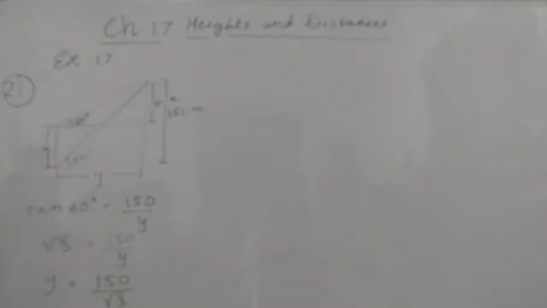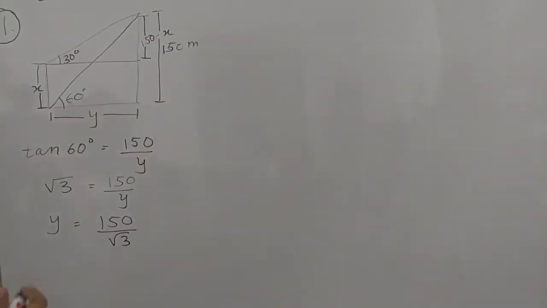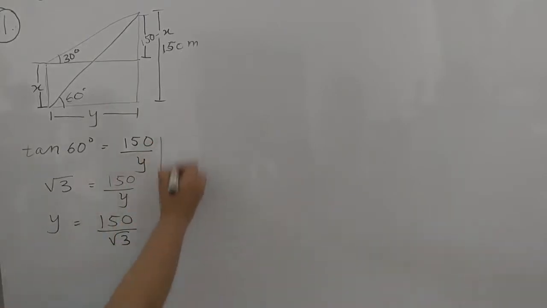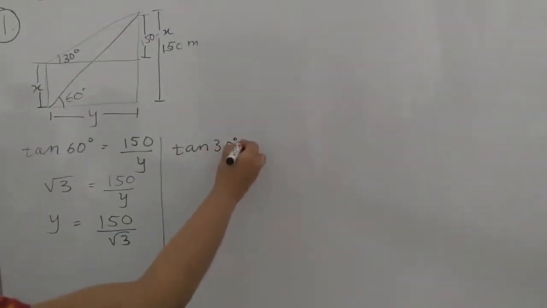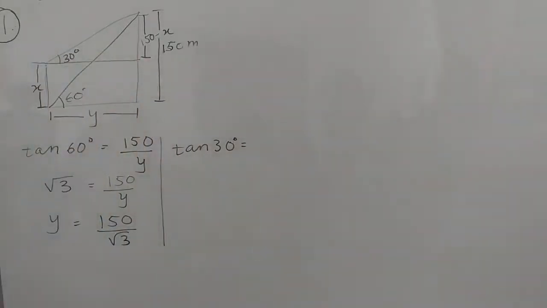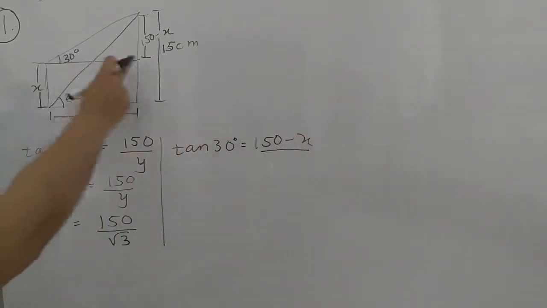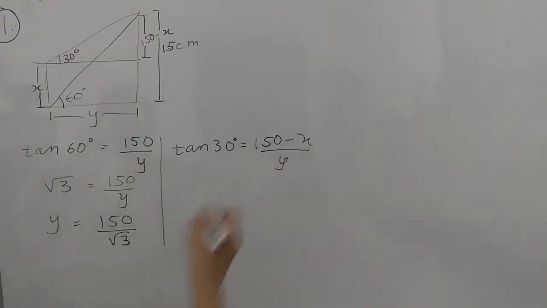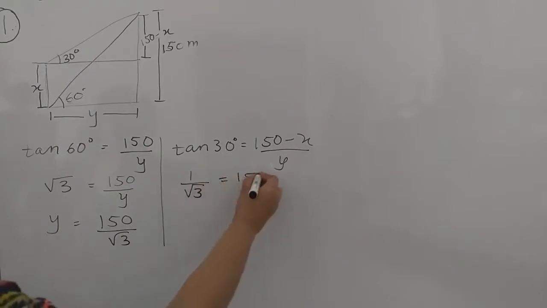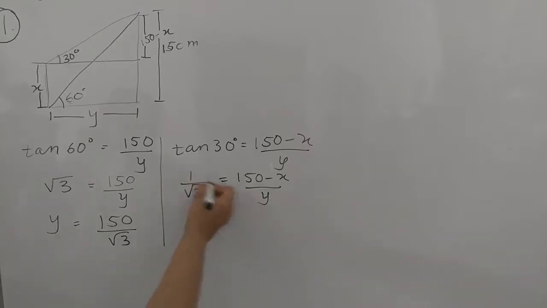Next, let me take tan 30 degree in the smaller triangle. So tan 30 degree is opposite 150 minus x upon the same y here also. Now tan 30 degree is 1 upon root 3, equal to 150 minus x upon y. Now taking cross multiplication, the y value we got, 150 by root 3, I can substitute here. So first of all I take this y here in a cross way.